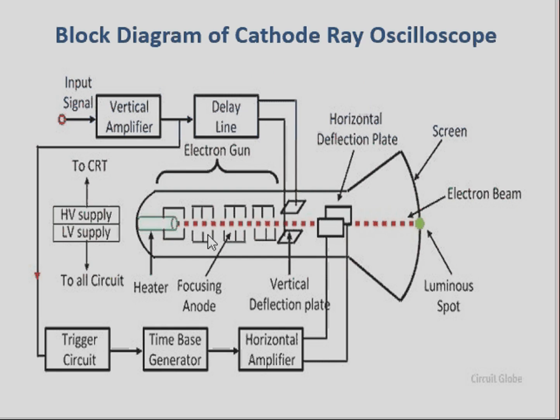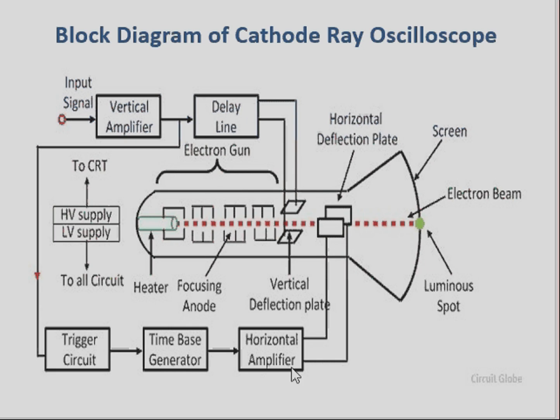And the second part of this CRO is called the delay circuit. The output of the amplifier is given to the deflection plates, but before that, the signal is processed through various circuits such as the trigger circuit, time-base generator and horizontal amplifier.